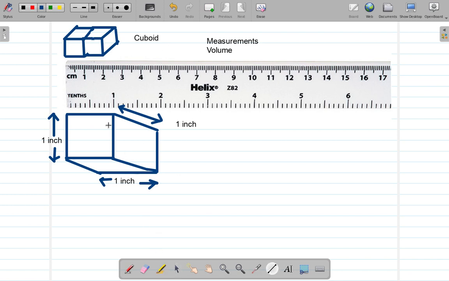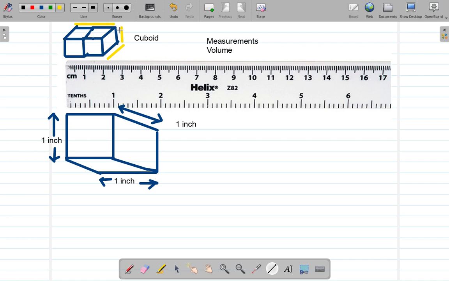Now notice the width of it from here to here is 2. The height is 1 centimeter, the length is 1 centimeter, but the width is 2 centimeters. So what is the volume?